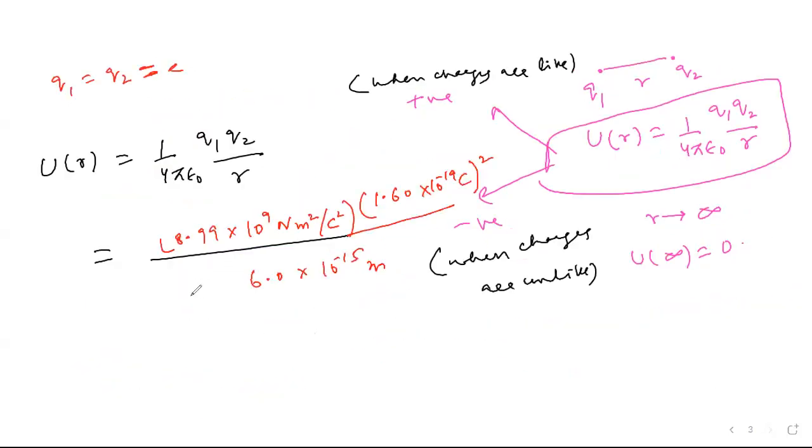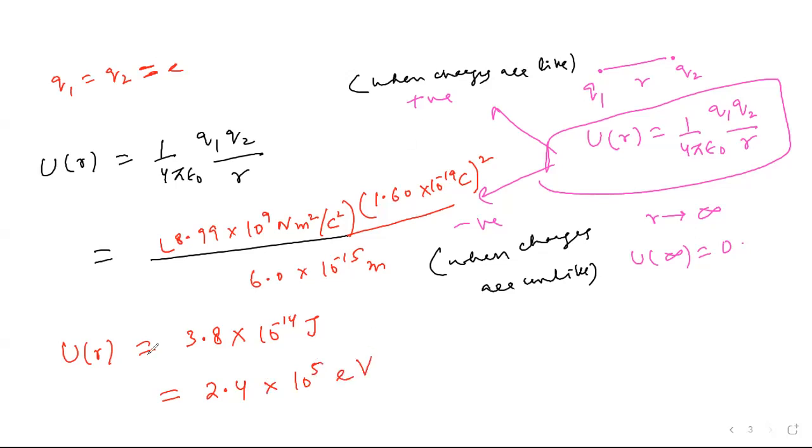So let us solve this potential energy. When you solve it, it is 3.8 into 10 raised power minus 14 joule. Or if I write it in another unit, electron volt, this 2.4 into 10 raised power 5 electron volt.